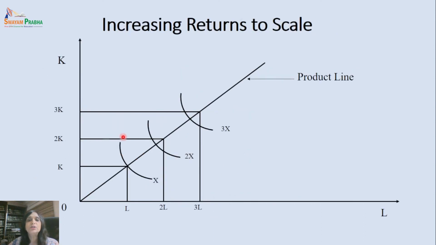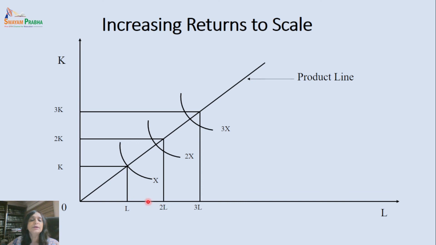Okay, let us have a look at this graphically. For example, these are the three isoquants that we have: x, 2x, 3x, meaning this is one level of output, this is double this output, this is three times the original output. This x represents using L amount of labor and K amount of capital.